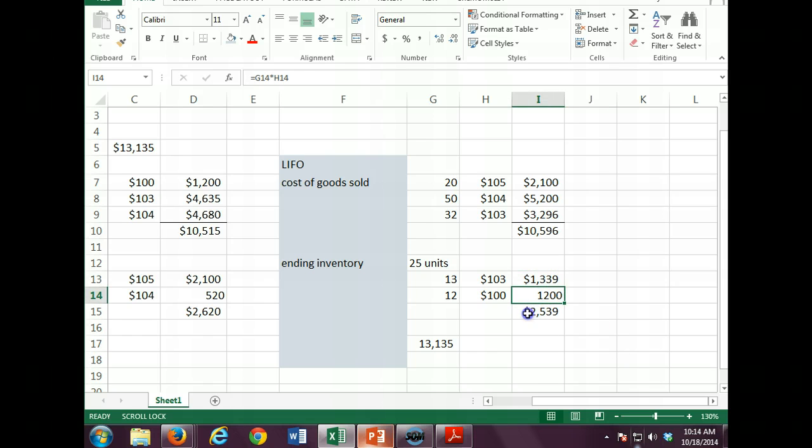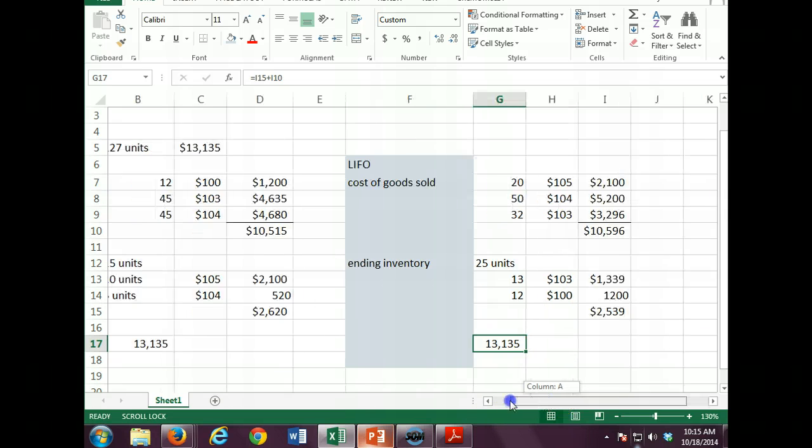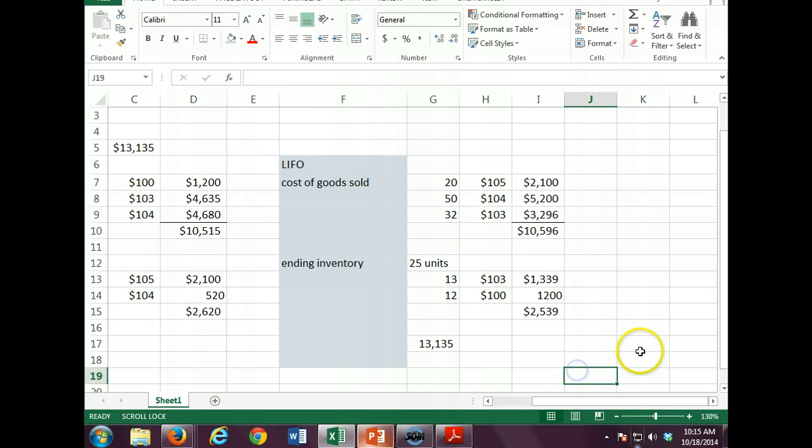Does that make sense? So again, do we total here? These two equal our 13,135. So we're still picking everything up. We're just allocating them to the cost of goods sold differently than we do the ending inventory.